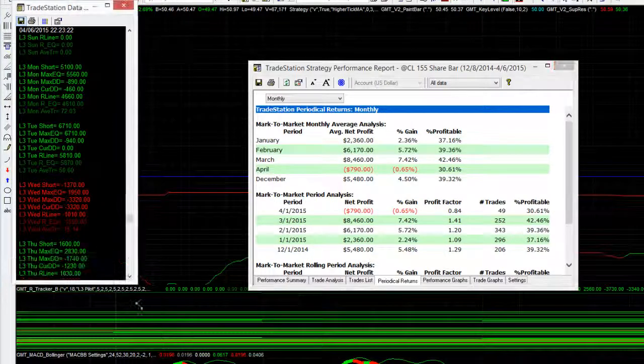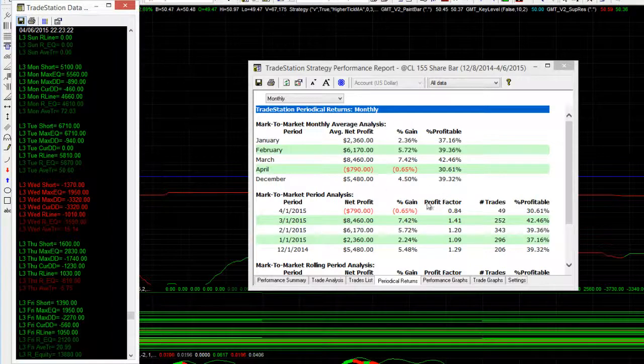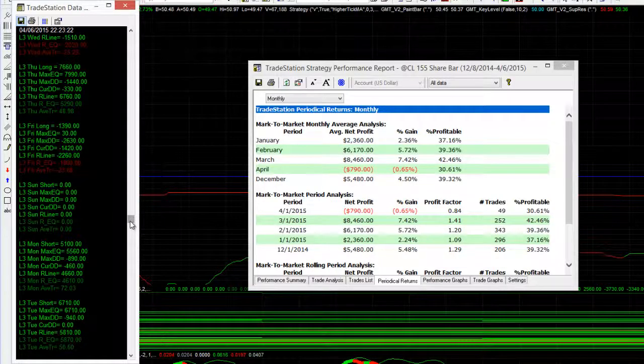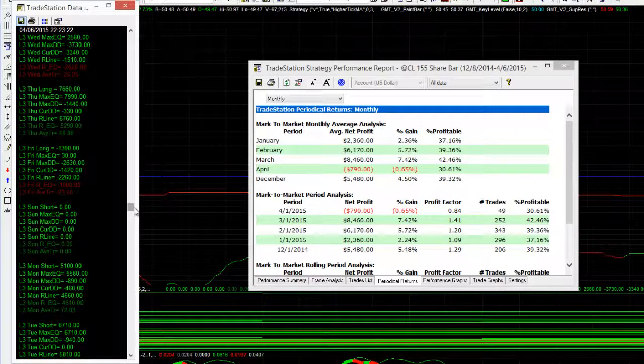So we've developed an indicator that tells you exactly what's being made on each trading day, because if you imagine your system trading every day, there's potentially going to be days of the week that are poor performers. It's inherent in most systems, particularly intraday systems, and this is a day trading strategy.